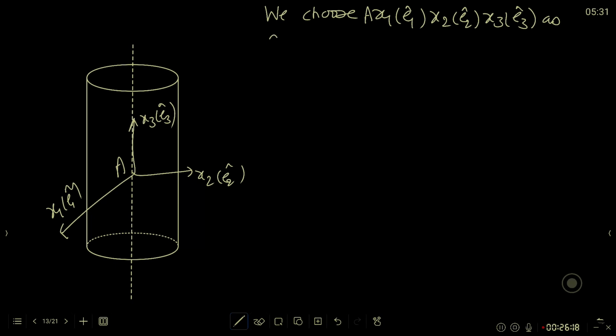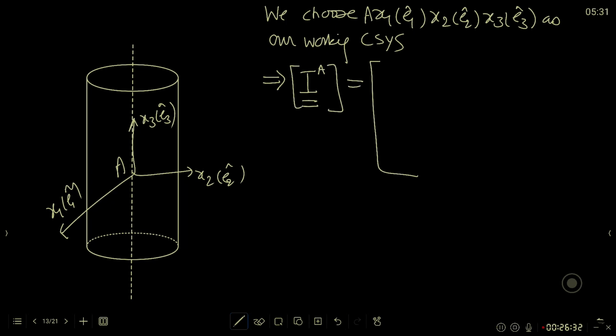Okay, and it will give us the desired outcome that your I matrix will have at best only three non-zero components. Rest of them will all be zero.